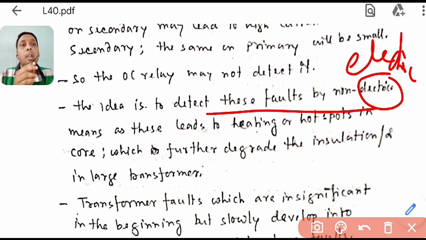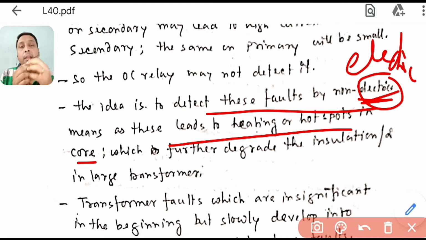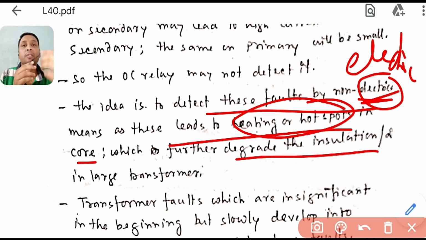Non-electric means, as this leads to heating or a hotspot in the core, because if your current is increased more than the rated current, there will be constant heating. Though it is small, it will be heating the transformer constantly, and ultimately you will get a hotspot in the core, which will further degrade the insulation, day by day, in a large transformer.